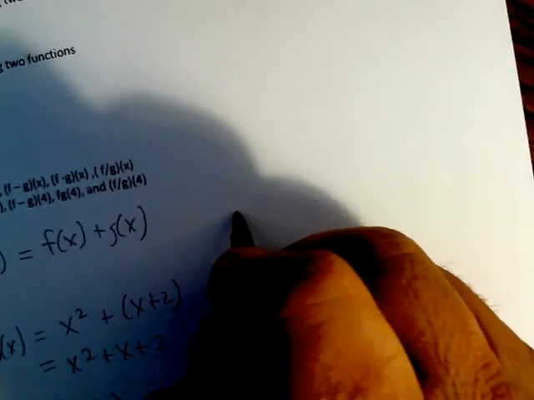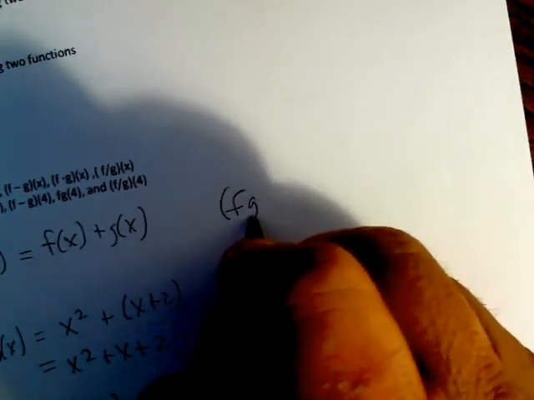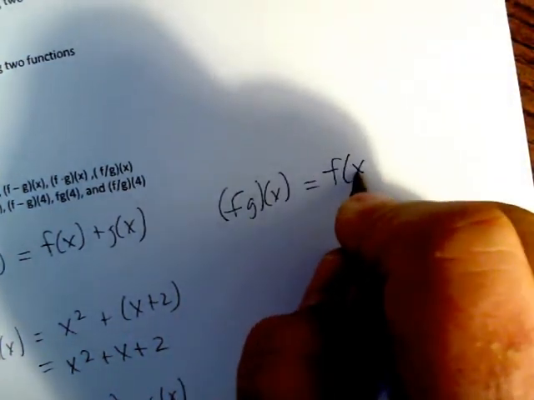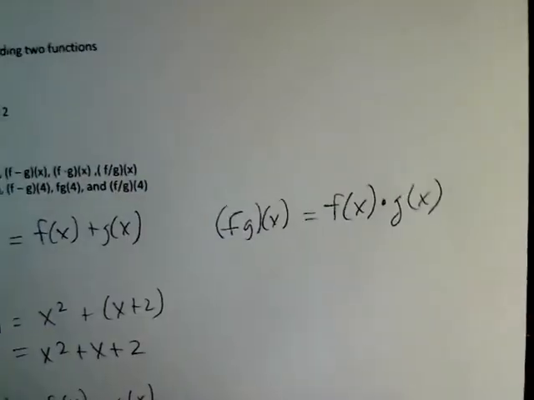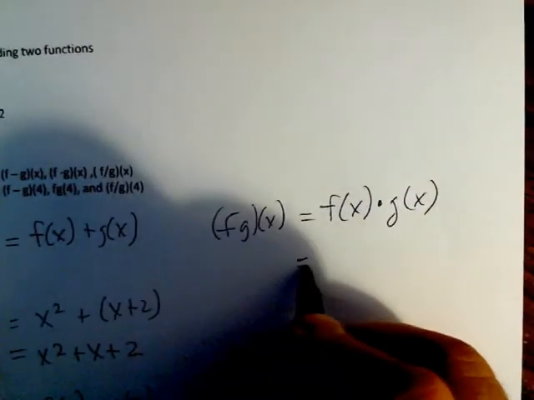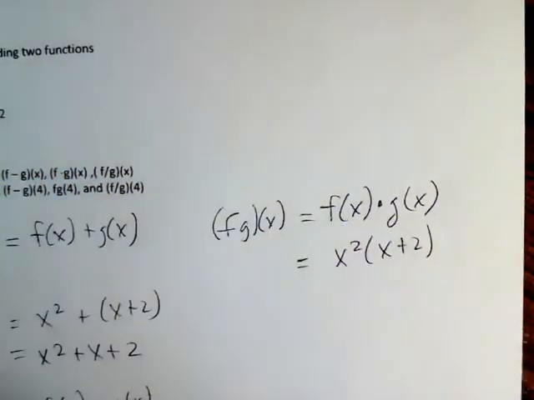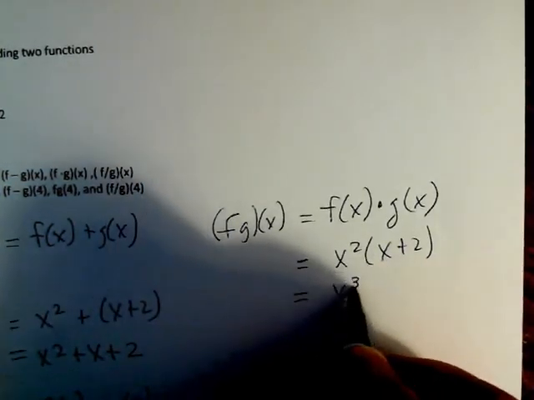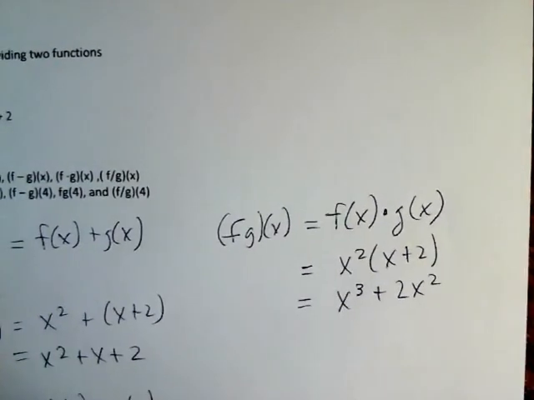Next, to multiply. If I wanted to take f times g of x, well, that is f of x times g of x. And so I take x squared times x plus 2. X squared times x is x cubed. 2 times x squared is 2x squared.